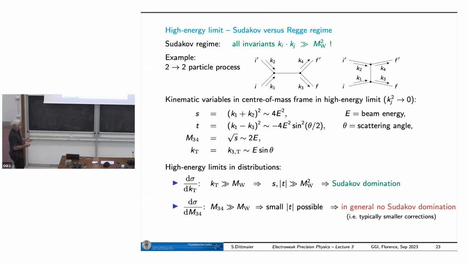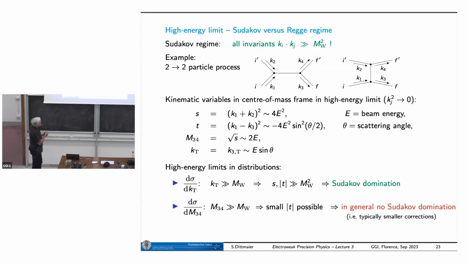scattering that both S, the center of mass energy squared, must be large, but also the T. And T is something, I've indicated it here, that goes, of course, with the center of mass energy squared times, here it is for a massless case, the sine squared of the scattering angle divided by 2, which is not so important.